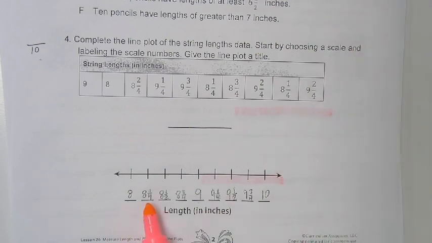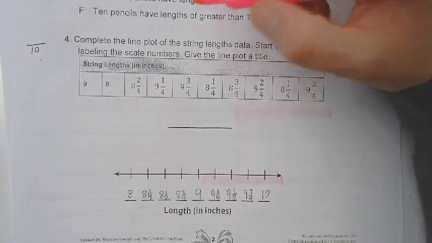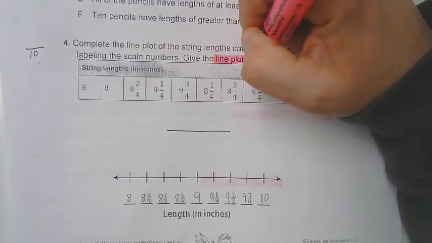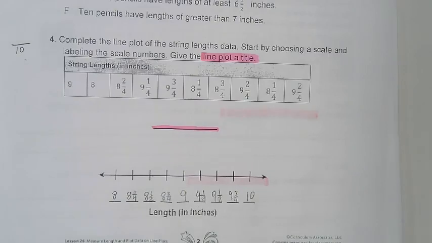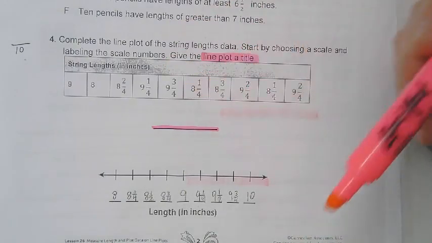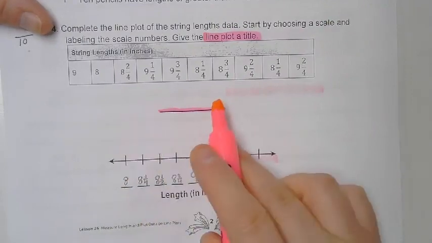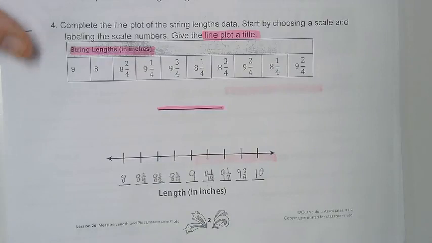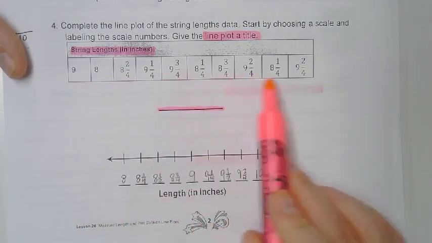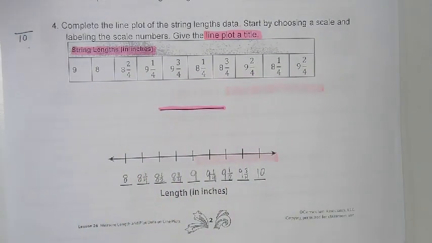We've got 8 inches, 8 1/4, 8 1/2, 8 3/4, 9 inches, 9 1/4 inches, 9 1/2 inches, 9 3/4 inches, 10 inches. But it does say give the line plot a title, so you're going to have to give a title for it right here. So really, what is this line plot all about? Just list what it's measuring right up here. All right, so here's your string lengths. You're going to take each of these data points and plot it correctly on the line plot.